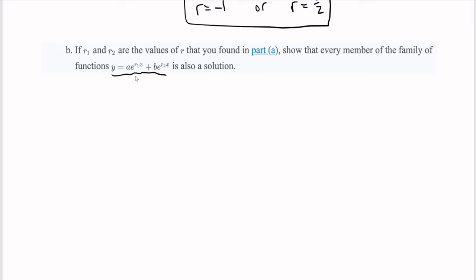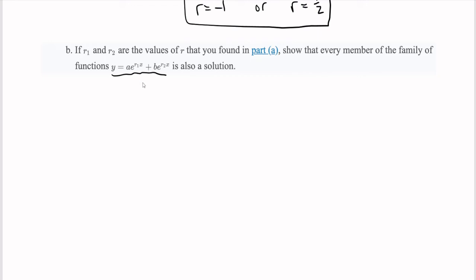This is saying that I can take a solution to a differential equation, multiply it by a number here, okay, this kind of constant here, add it to another solution, and I still get a solution to the differential equation, which you might be like, what? But I know, it's crazy.